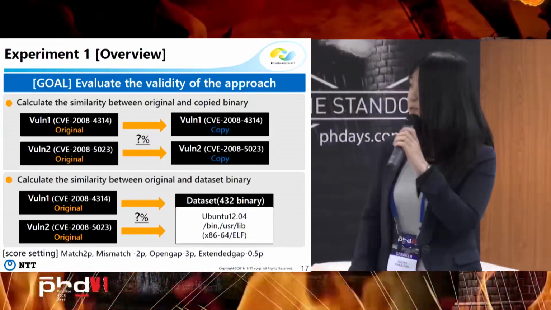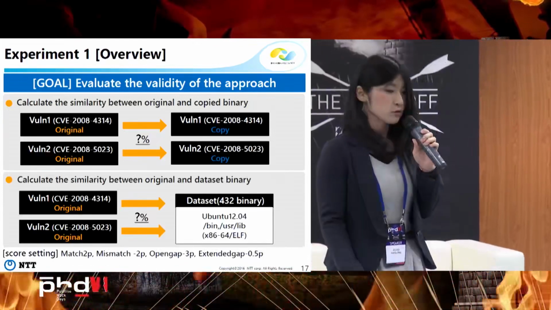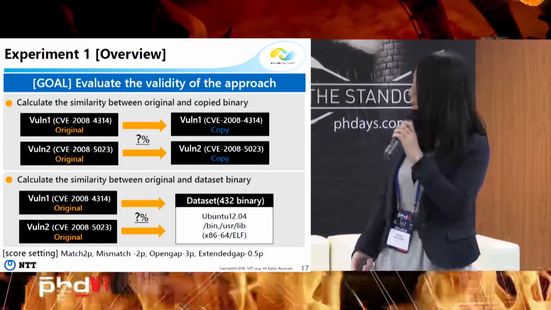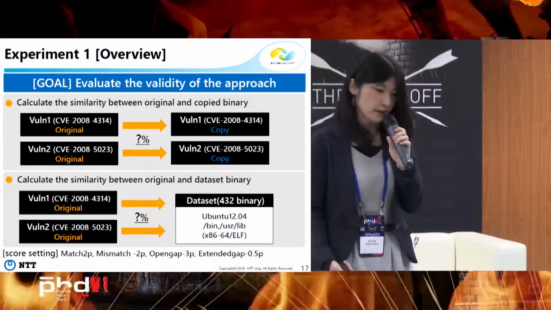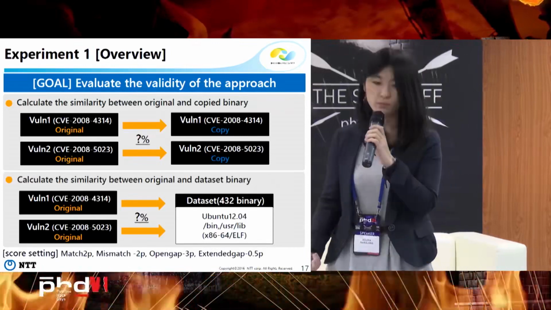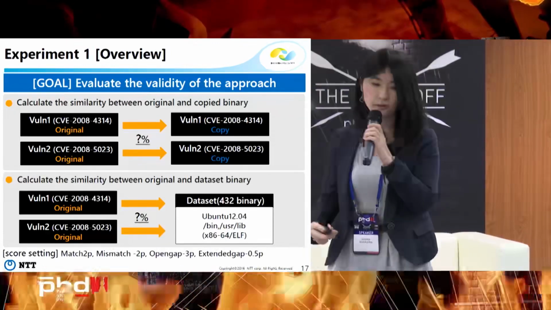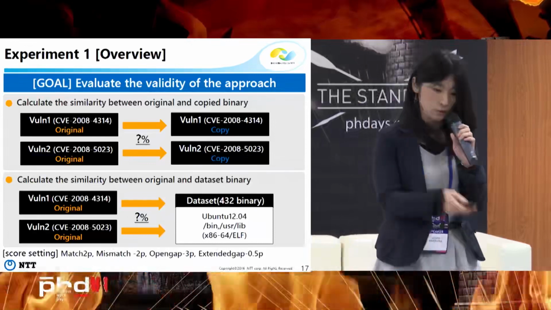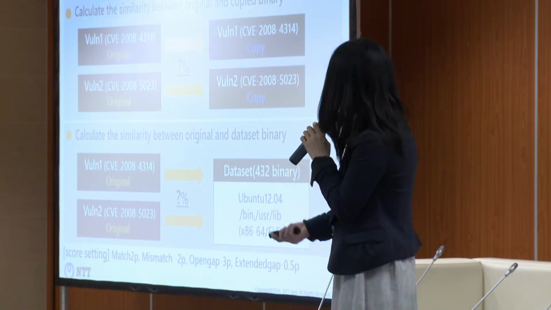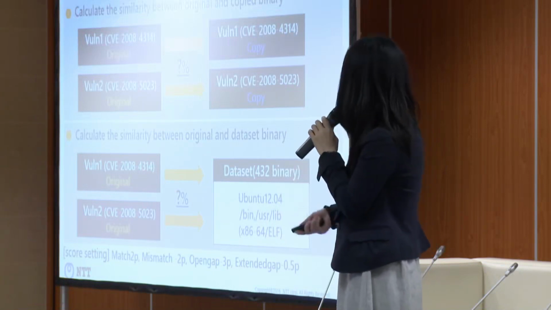The vulnerabilities are CVE-2008-4314 and CVE-2008-5023. I used these vulnerabilities and calculated the similarity between the original one and the copied one. After that, I calculated the similarity between the original one and the dataset binary, which means the binary collected from Linux, which doesn't contain the reproduced vulnerability.